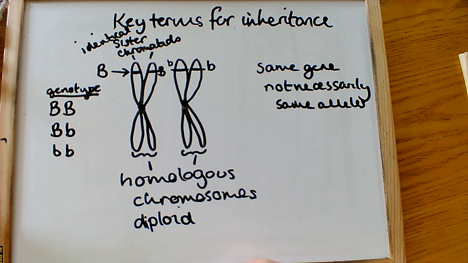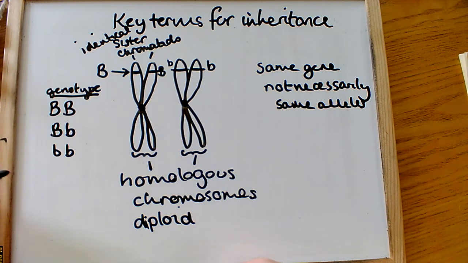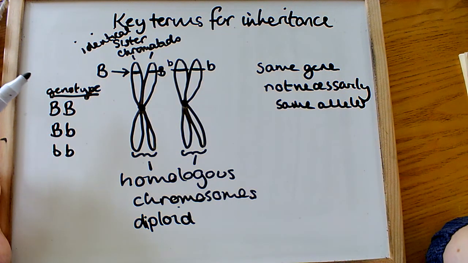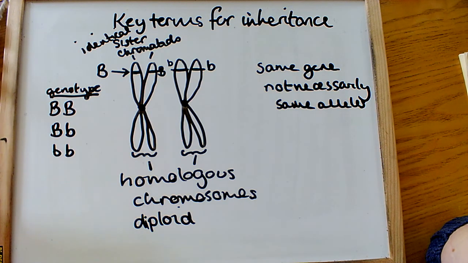Now what I need you to remember, which is just GCSE content, is what we call each of these. Genotype is the combination of alleles that you have inherited. In a diploid organism, which we are, we're going to have 2 copies of each allele because we've got one from each parent. So here we can say that these 2 are both the same and they're both dominant.